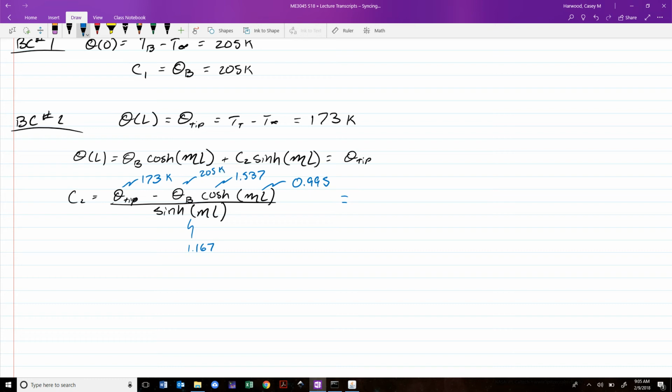So I've got to recalculate this: 173 minus 205 times 1.537, all over 1.167. This is going to work out to a value of negative 121.75 Kelvin.